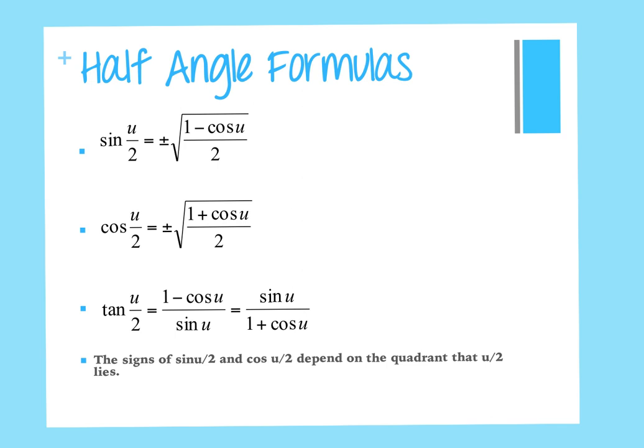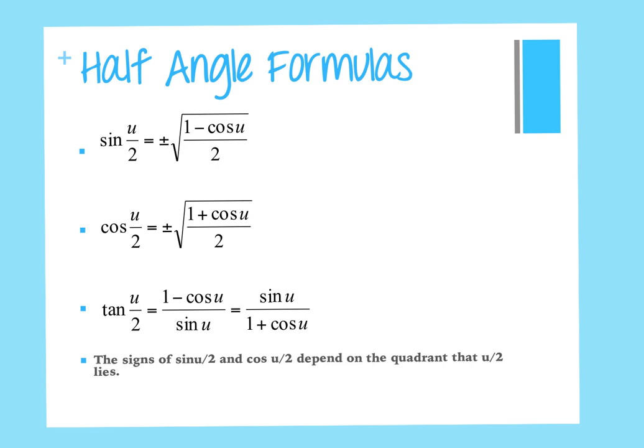And then it will say find the sine, and you're picking either plus or minus, which we'll talk about in a minute, square root of 1 minus cosine of the doubled angle over 2. If it's cosine, it's plus or minus, again we're going to talk about that in a second, the square root of 1 plus the cosine of the doubled angle over 2.